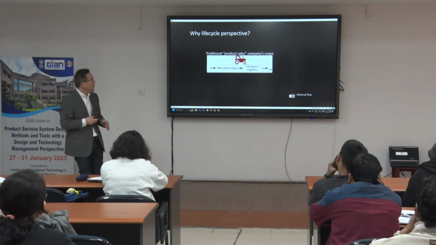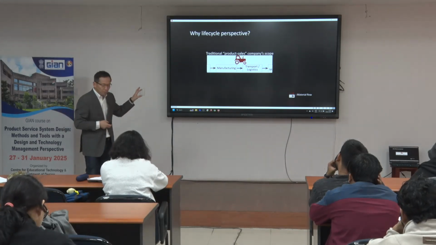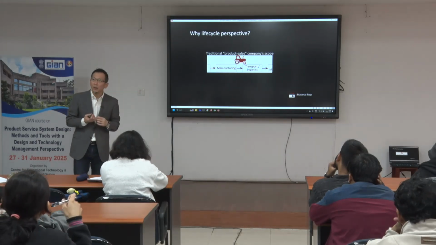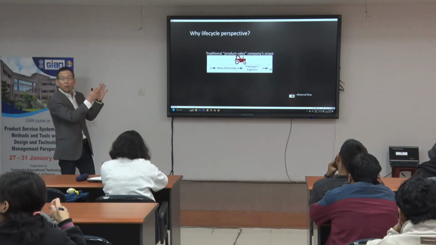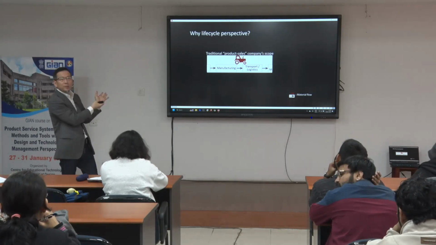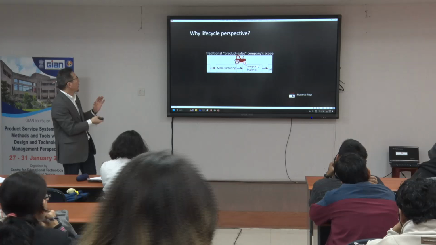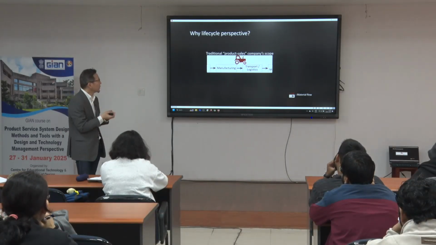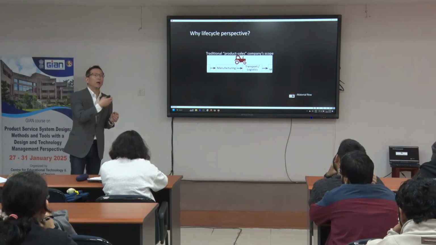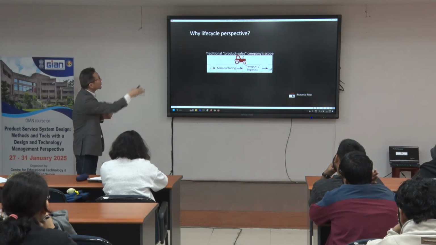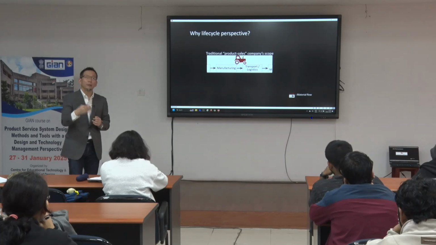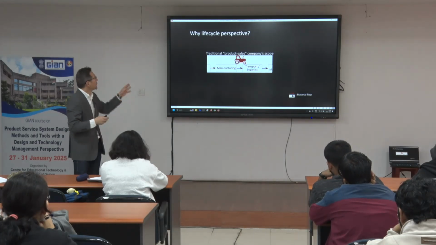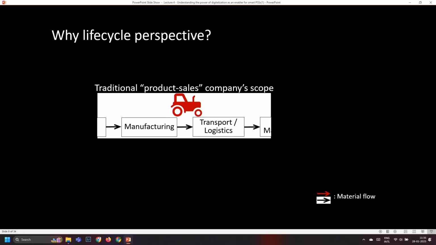So what this setting incentivizes manufacturing companies to do is optimize this system. Obviously those manufacturers have been providing other services taking place outside the system, for example, repair and take-back and so on. But simply put, they are not the core activities in this system.